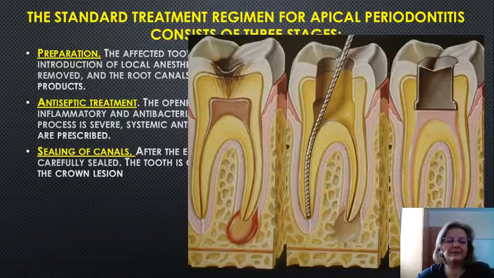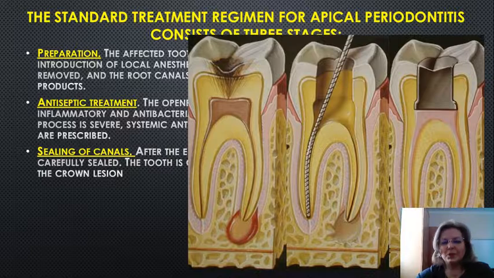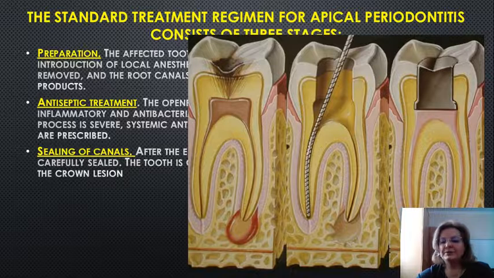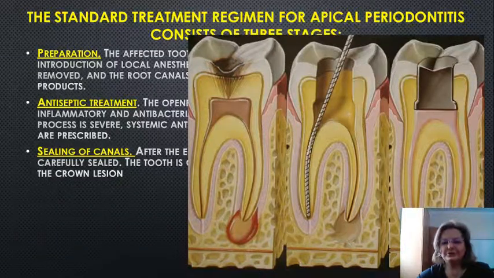After the inflammation has ended, you must carefully seal the root canal, and the tooth is sealed or an orthopedic crown may be made if the crown of the tooth is badly damaged.